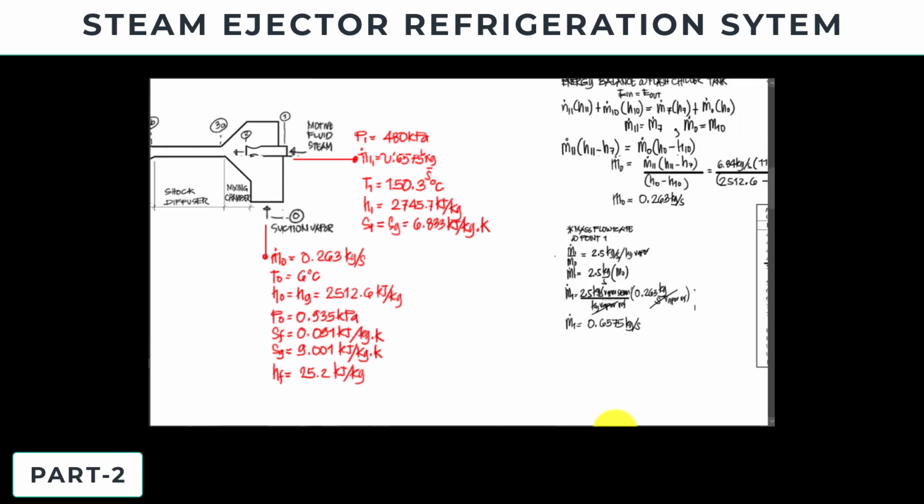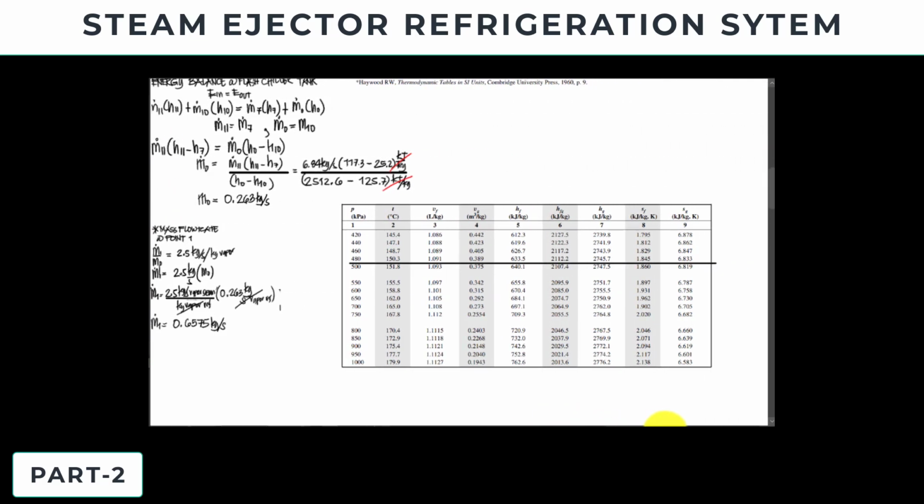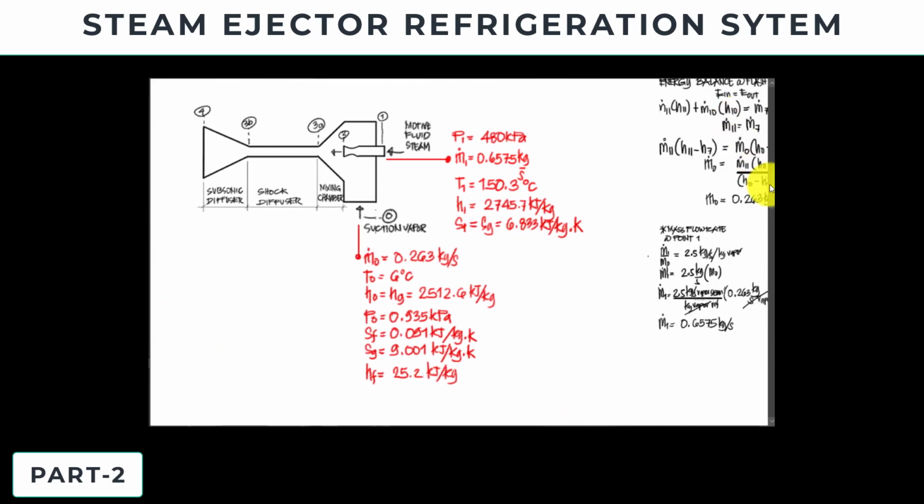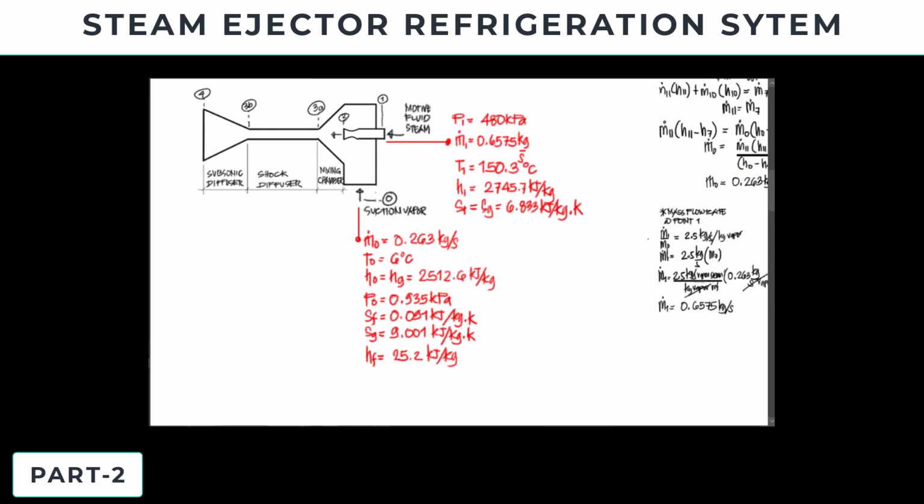I have also added the properties of the steam at 150.3, with the corresponding entropy and vapor enthalpy, and I substituted them in our schematic diagram.